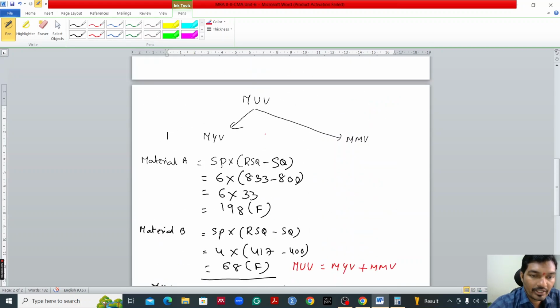According to the previous sum, the material usage variance we got is 100 in negative.